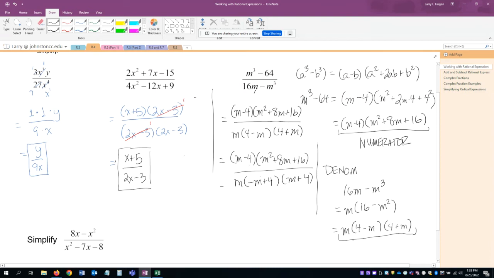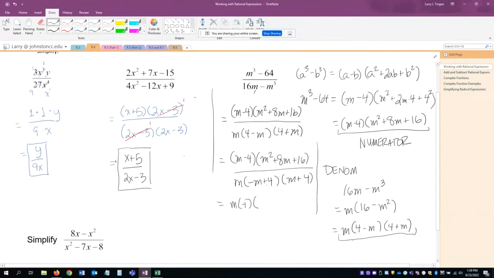Okay, now these are not exactly the same yet, right? But they're close. How close are they? Well, they just switched signs, aren't they? M minus 4, negative m plus 4. That m and the 4 just have opposite signs. Well, if they both have opposite signs, what if I factor out a negative from negative m plus 4?